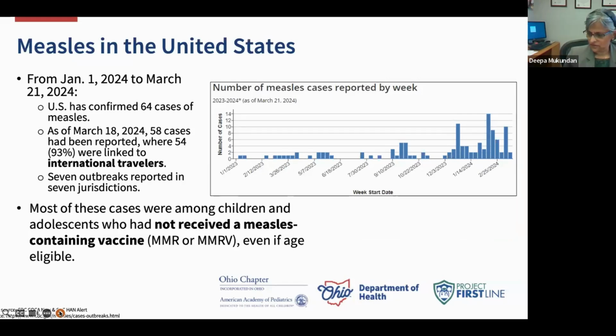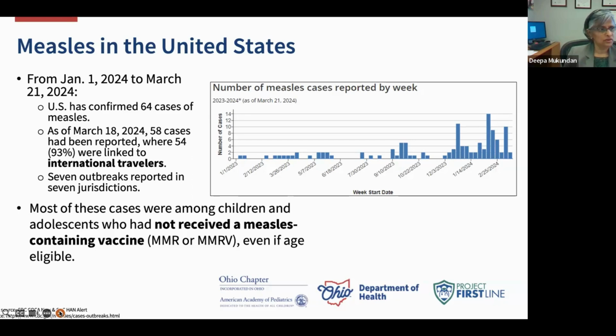One of the infection outbreaks we are seeing in the US, predominantly related to international travel, along with low vaccination rates in the community, is measles. The most recent numbers as of the first week of May is about 139 patients in the US who have presented with a rash, and 82% of them are unvaccinated.